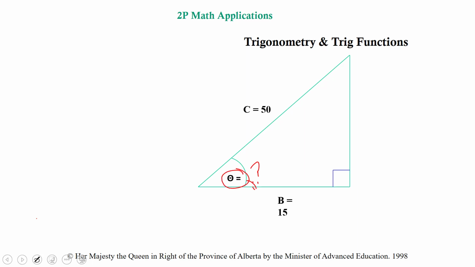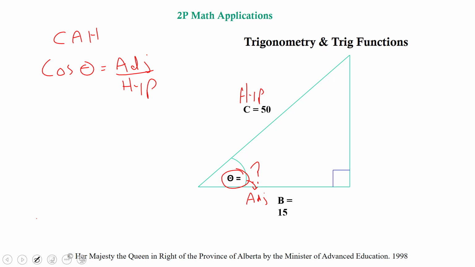We're given the side right close to it, so this is the adjacent side, and we are given the hypotenuse. So we are going to determine the angle using adjacent and hypotenuse. If we remember back, that would be the top, so cosine theta is equal to the side adjacent divided by our hypotenuse.